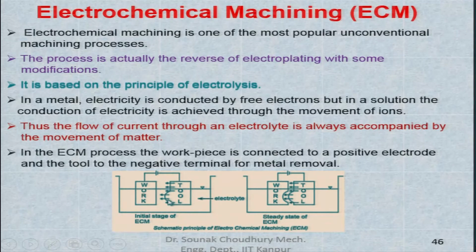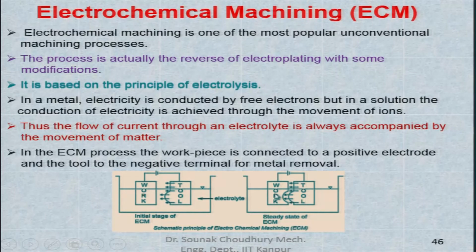Here the tool is being advanced towards the workpiece, and the shape of the tool is conformed on the workpiece surface, with a certain distance maintained. The machining starts when the voltage is passed through the work and the tool via the electrolyte.